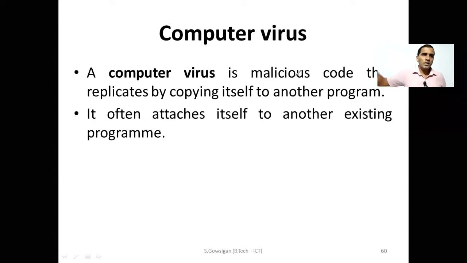So if a virus comes to your external hard disk, when you use it in your computer, your computer is also affected. So always be careful when you use external removable storage devices, especially pen drives, external hard disks, even memory cards. You must be very careful, right? So these are the ways in which a virus can come to your computer.